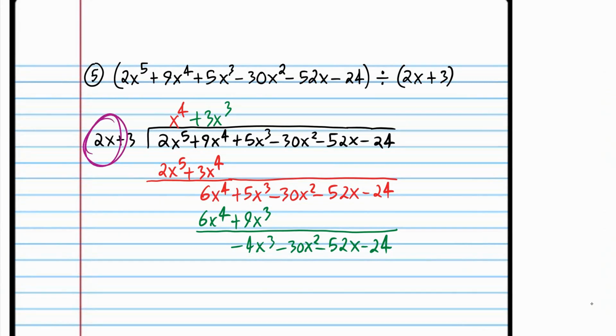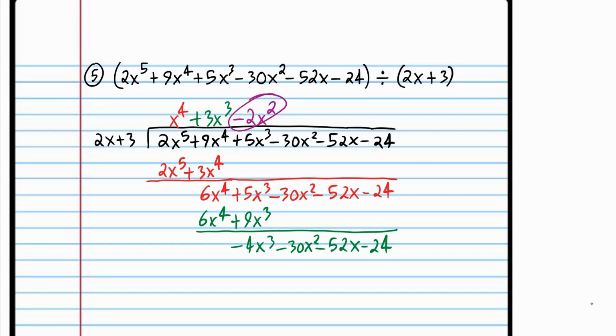We ask what the first term in the divisor times what is equal to the first term in the remainder. So 2x times what is equal to negative 4x cubed, and the answer is negative 2x squared. Why is that? Well, we're going to find out why that is in the next step.